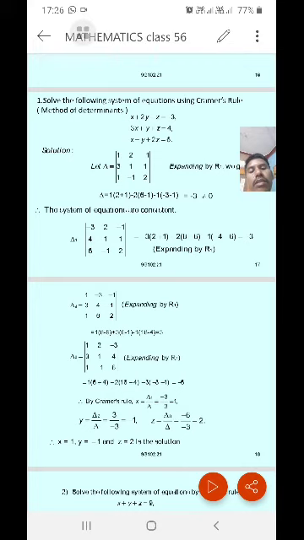So 3 gets cancelled, and in the denominator we have minus, so minus 1. And z equals delta 3 by delta, that equals minus 6 by minus 3, that equals 2. Therefore x equals 1, y equals minus 1, and z equals 2 is the solution.